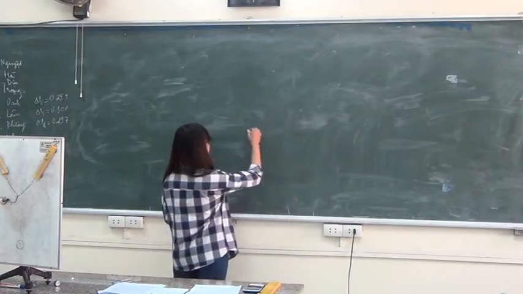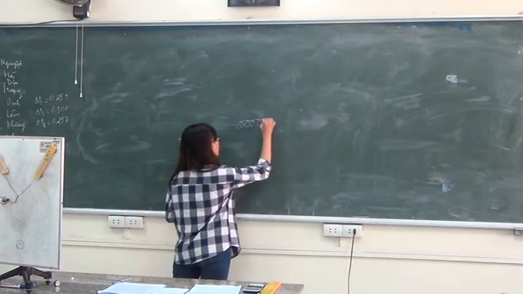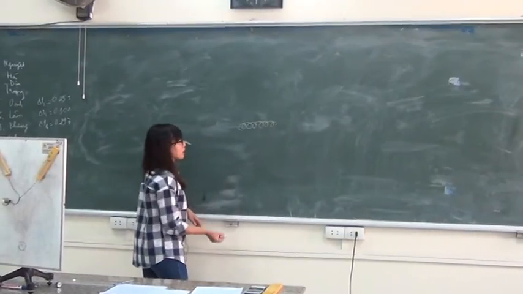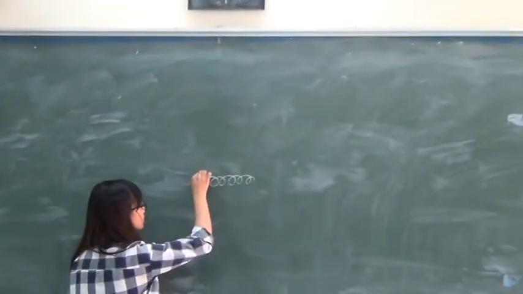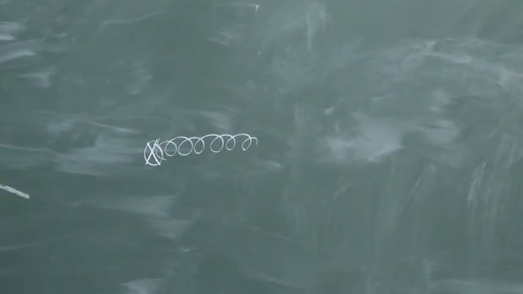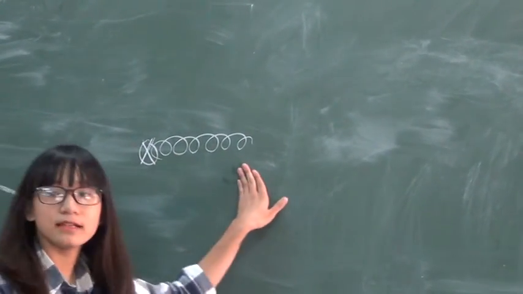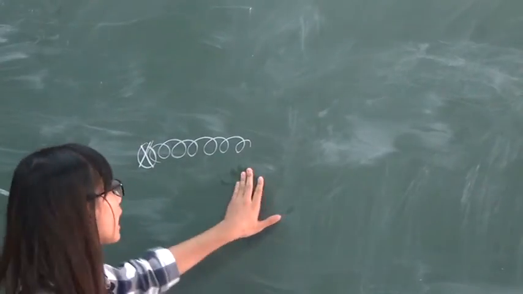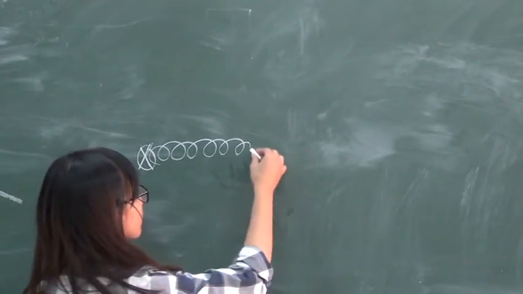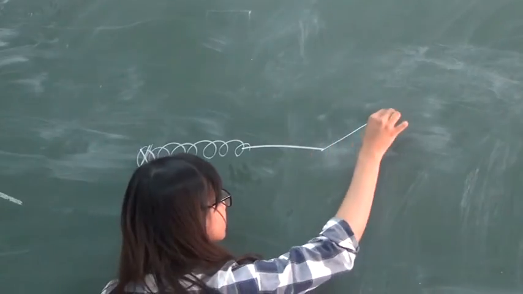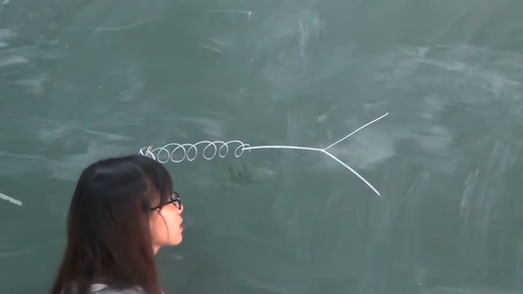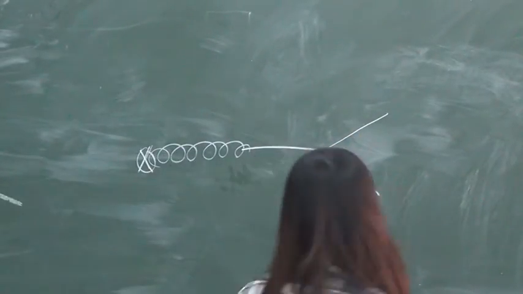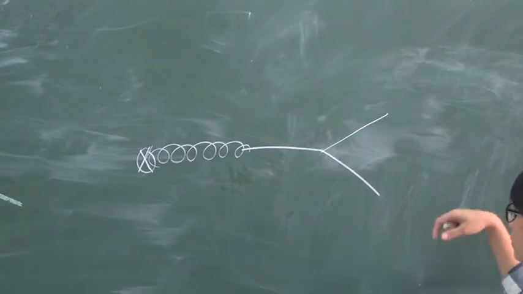I have an elastic spring here, which has one end fixed on the surface like this, and the other end of the spring I will connect with the Y-shaped string like this, and I will pull.